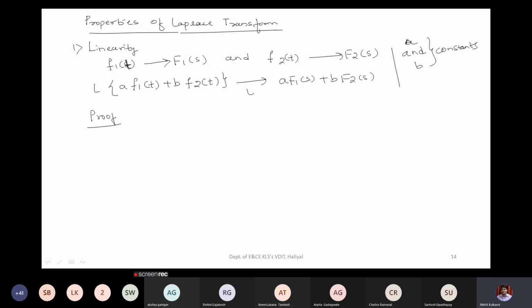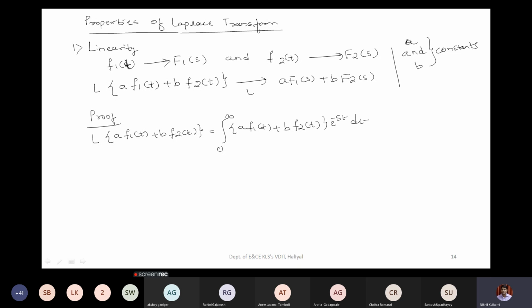Okay. So if you consider now the overall Laplace transform, the Laplace transform of a times f1 of t plus b times f2 of t is equal to the integration from 0 to infinity of a times f1 of t plus b times f2 of t, into e to the power minus st dt, right?